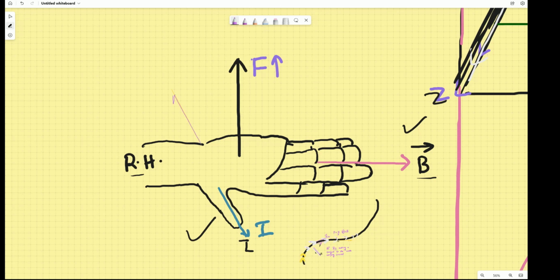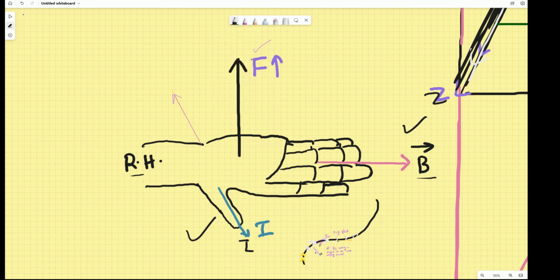The current is in this direction, right? What will you make out? Since in this particular diagram where you kept your hand like this, the direction of force is upwards. If the current direction is reversed, the force will be downwards now, right? The force will become a downward force.